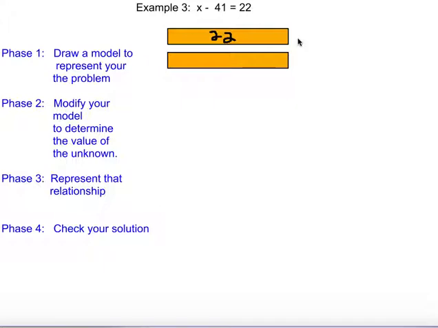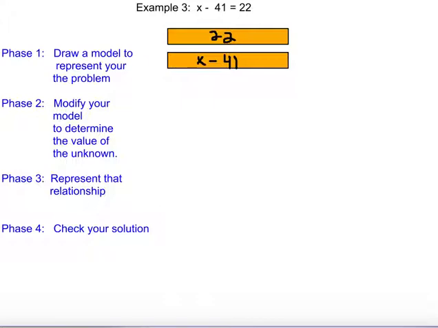So we know it has a value of 22, and we will write inside of this x minus 41. So what we have just modeled here is that x minus 41 is equal to 22. Both of the bars are the exact same length, so we've modeled x minus 41 equals 22.